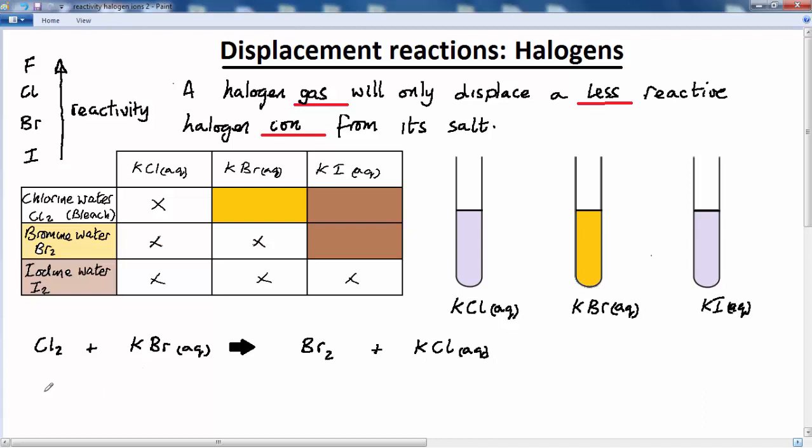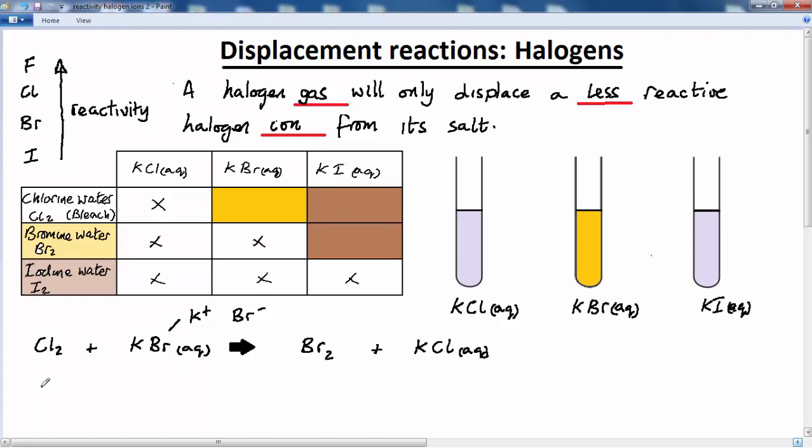Now what's happening with the ions? This is the important thing. Let's remember that the potassium bromide solution consists of potassium ions and bromide ions in solution. The potassium ions remain unchanged in this case, but it is the bromide ions that are going to be displaced.